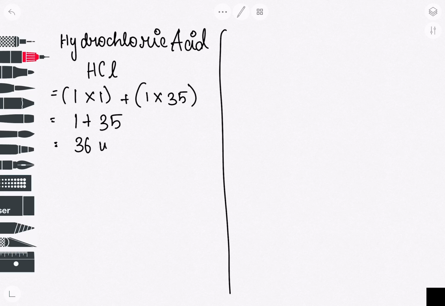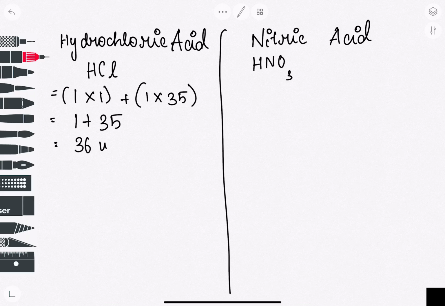Now we'll go to an acid with 3 elements in it. Until now we were seeing compounds with 2 elements. So now we'll see 3 elements. Nitric acid. The formula is HNO3.